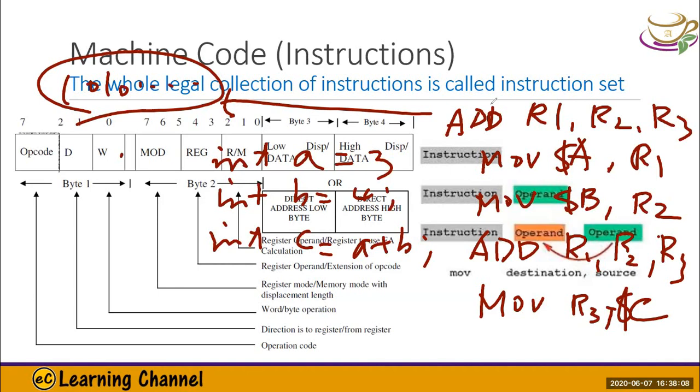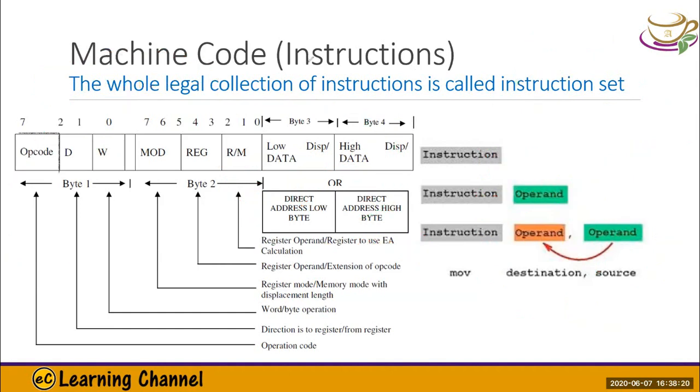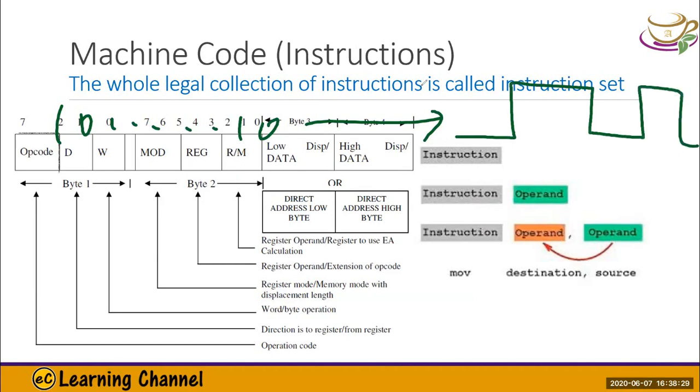The right-hand side we call assembly code. The left-hand side is machine code. Machine code is in 0101 format, and the real signal running is a waveform. The waveform may be adjusted by the computer speed.